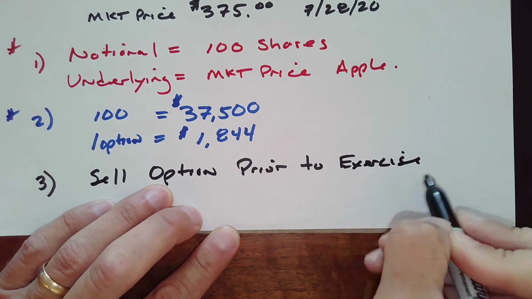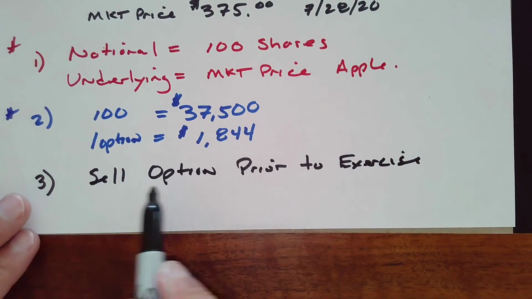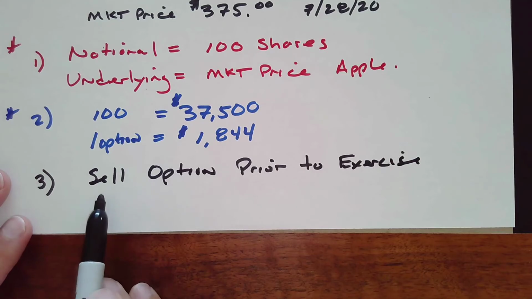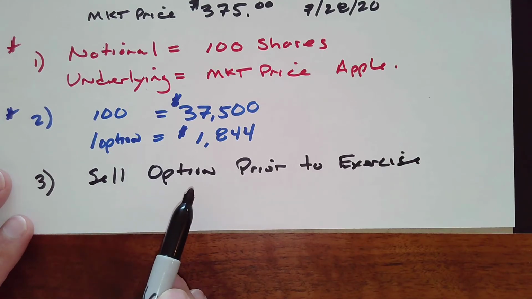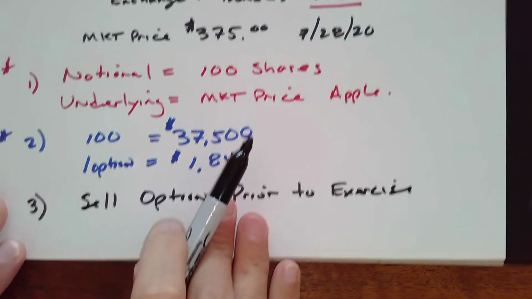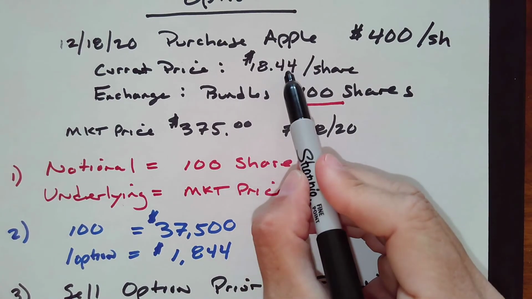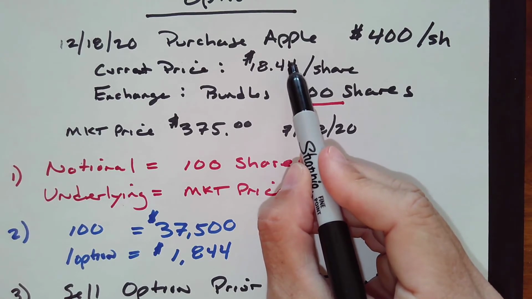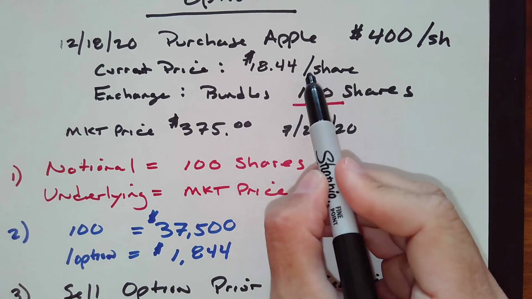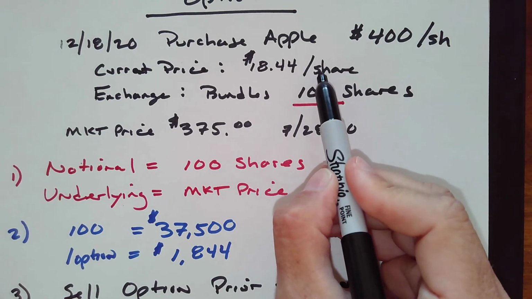In fact, I never have to exercise. I can just sell the option because it's exchange traded, and somebody will give me money for that particular option. So if all of a sudden the option price goes from $18.44 per share up to $25 per share, why wouldn't I just sell the option to somebody else who's interested in buying it?